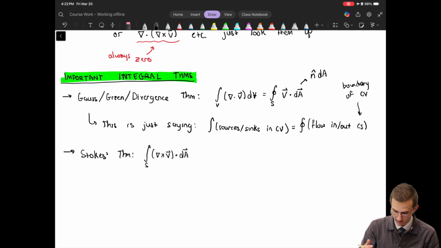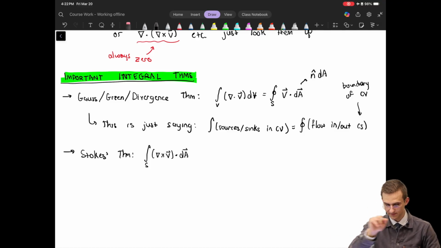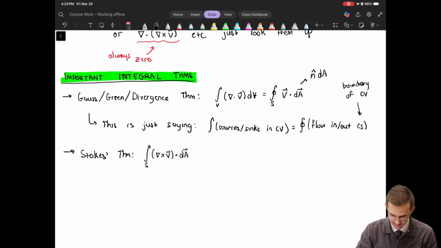Those are the surface elements. So remember, if you drew a surface, it would just be like a bunch of vectors that are normal to the surface with some infinitesimal area. That is equal to the closed integral over the perimeter of that surface P of V dot dL.